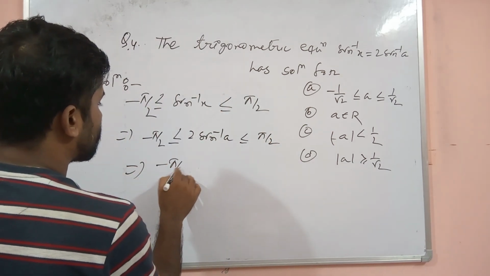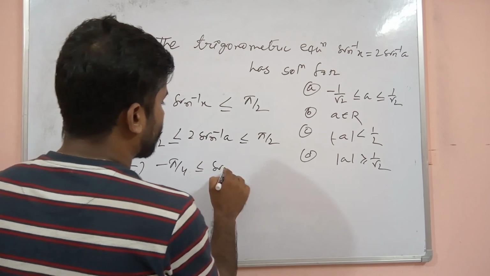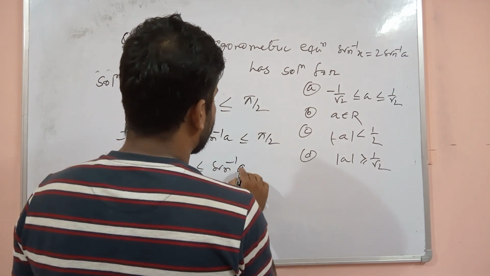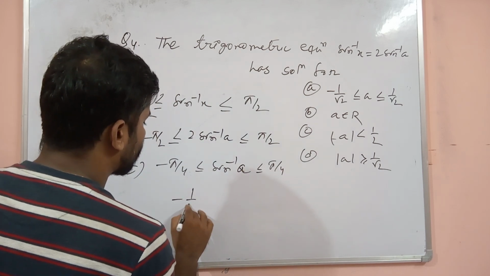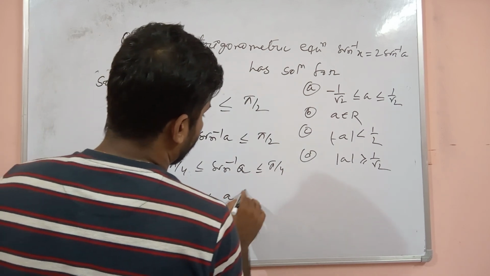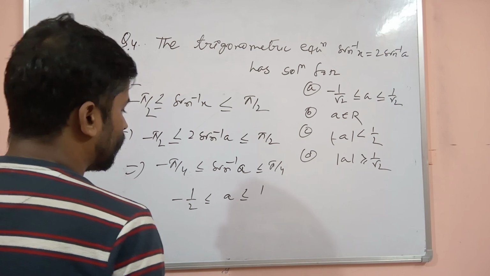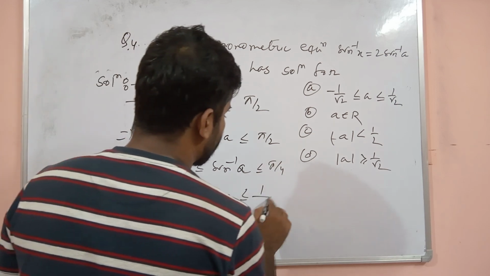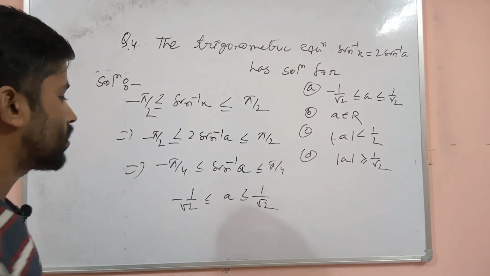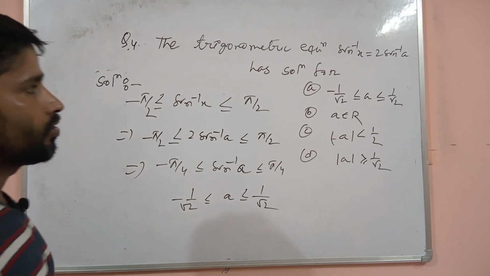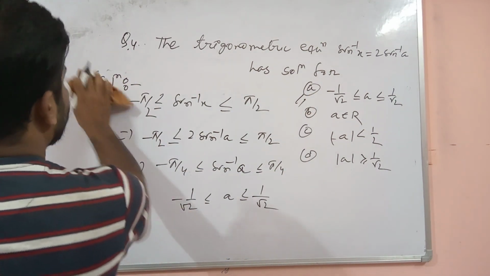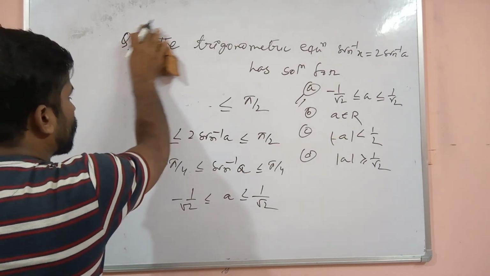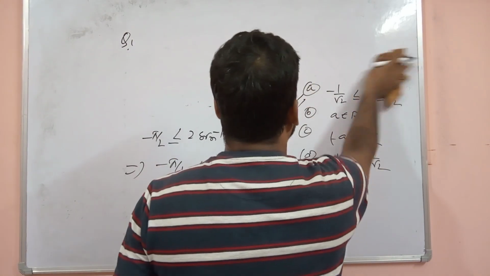So it would be minus pi by 4 less than or equal to sine inverse n less than or equal to pi by 4. It must imply n is less than or equal to 1 by root 2, but greater than or equal to minus 1 by root 2. So option A is the appropriate option. Question number 4 is finished.